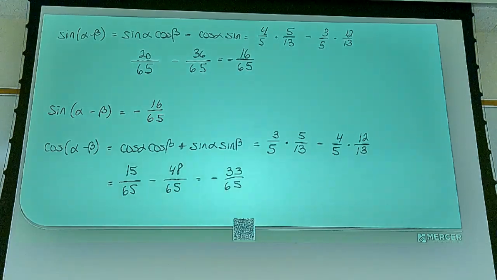All that's going to change are some signs. 15 and 48. 63. And again, no common factors.